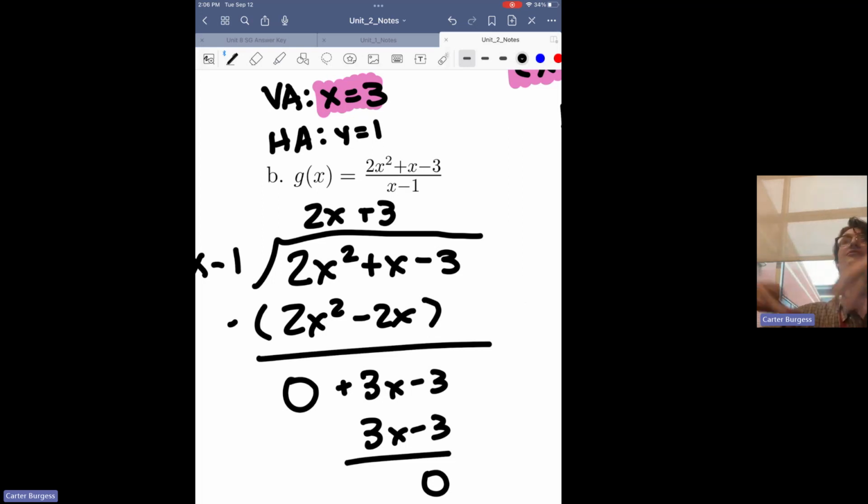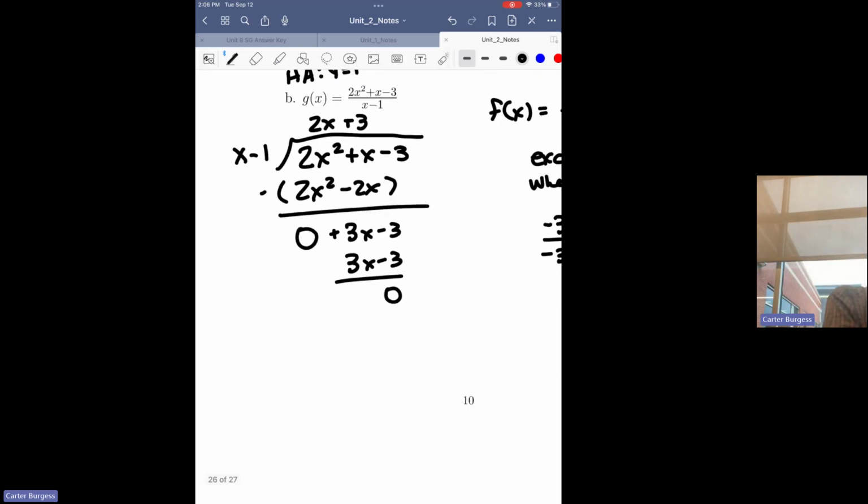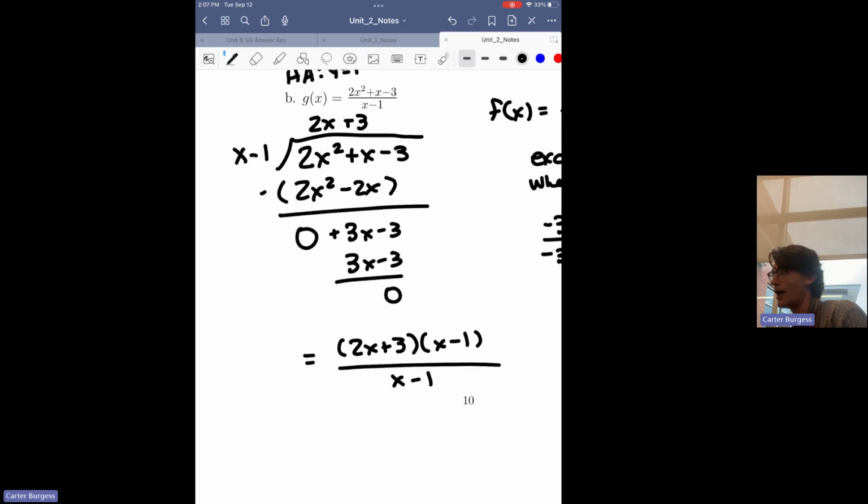So before we do the division, before we see this cancellation, what we would see is if we were to factor the numerator, and you could do this from the division, we have now this d of x times q of x with a remainder of 0. This is going to be 2x plus 3 times x minus 1 over x minus 1. What's going on at 1?